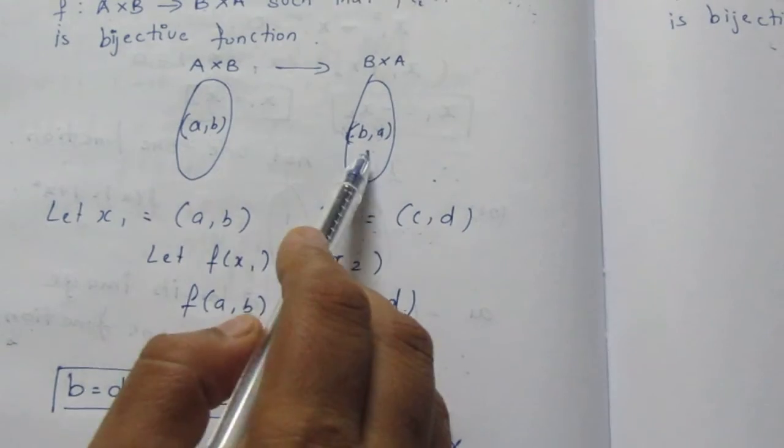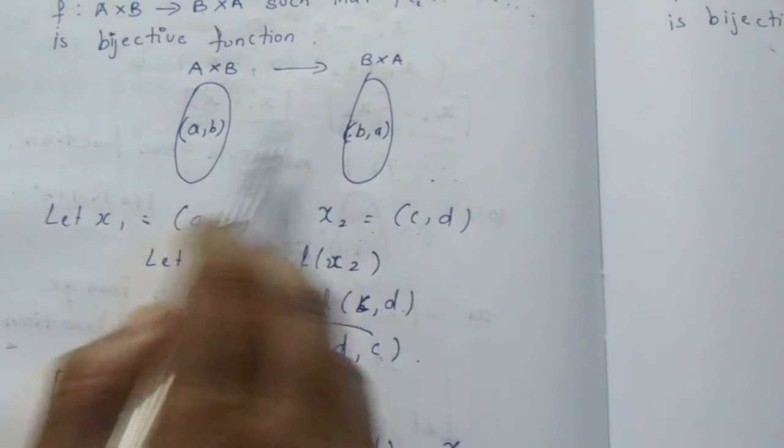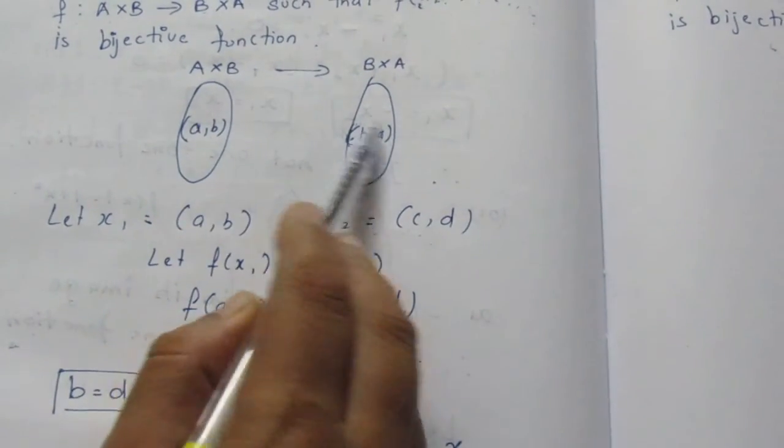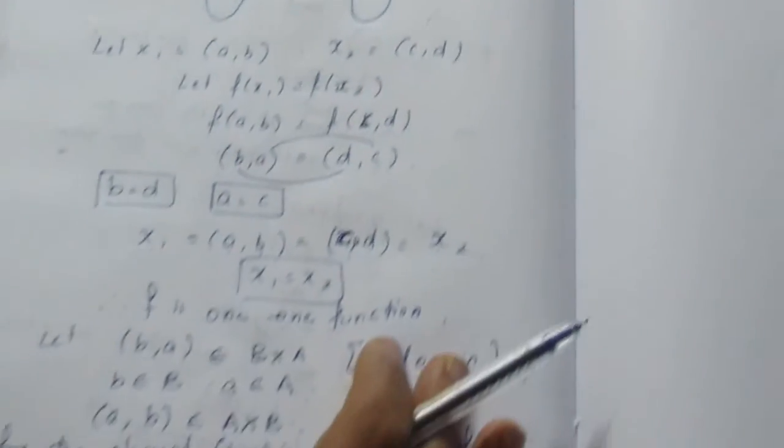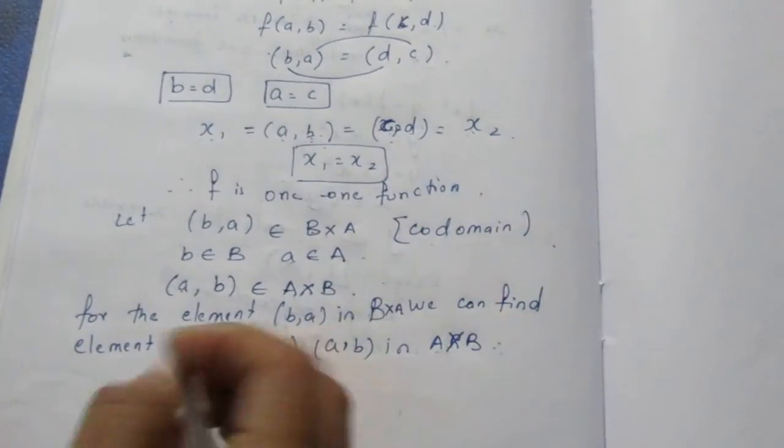If it is (c, d), then it will be (d, c) here. There will be a pre-image for every element in the codomain. So that means it is an onto function.